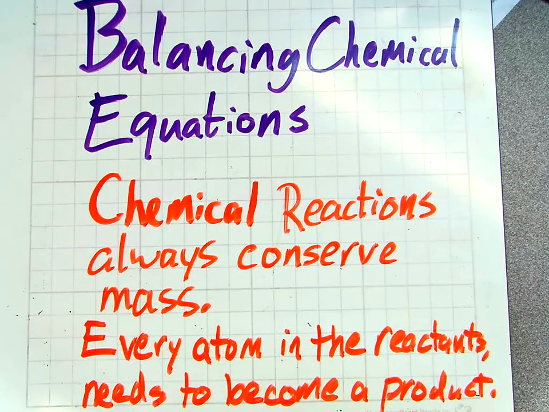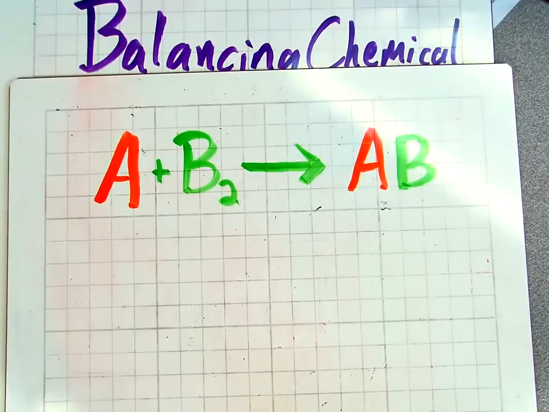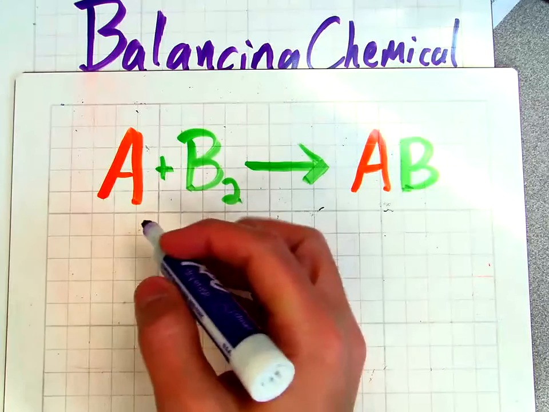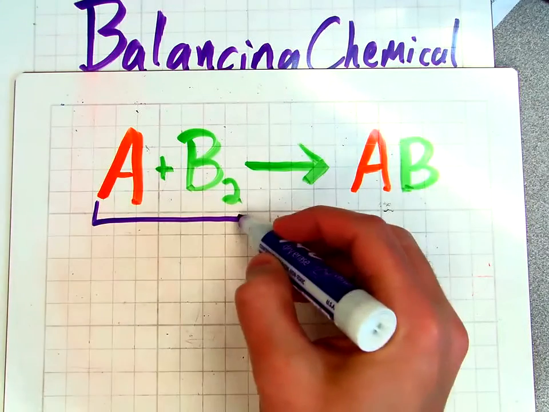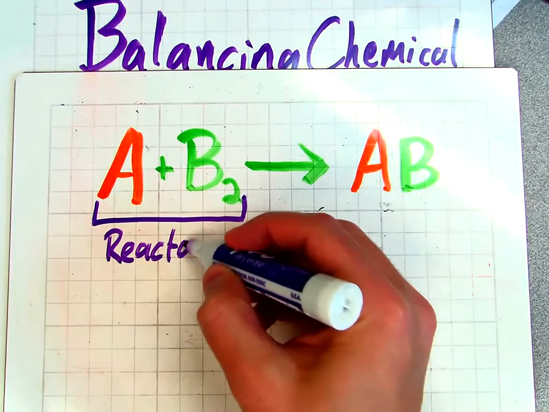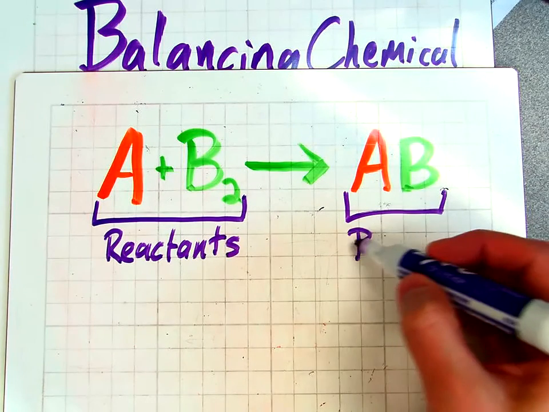So, if we take a look at a generic chemical equation, we've got A plus B2. These are the reactants. These are what we start out with. AB is the product.